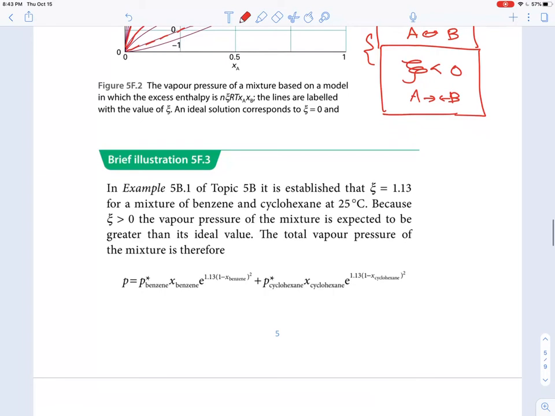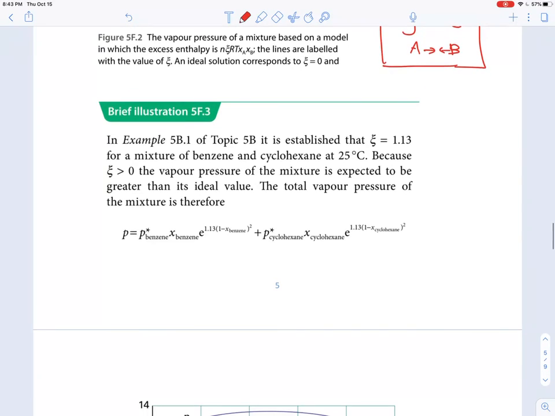And so this actually turns out to be very useful. So, for example, think about a mixture of benzene and cyclohexane, where the interaction parameter is generalized with psi at the number of 1.13. So that's the level of interactions.